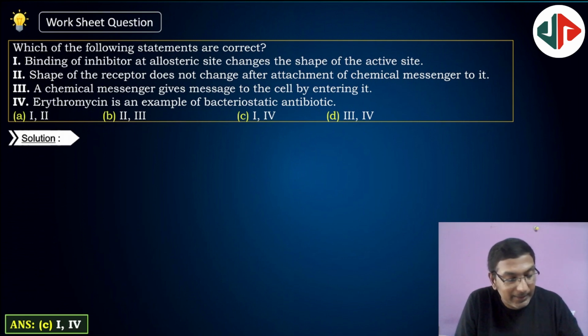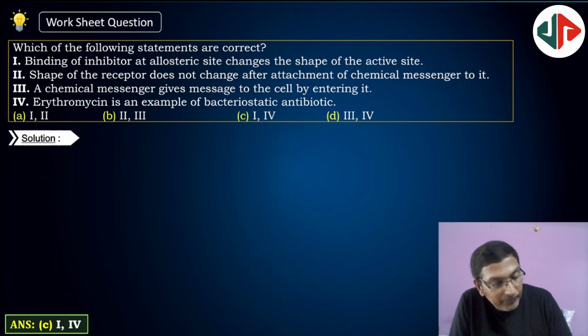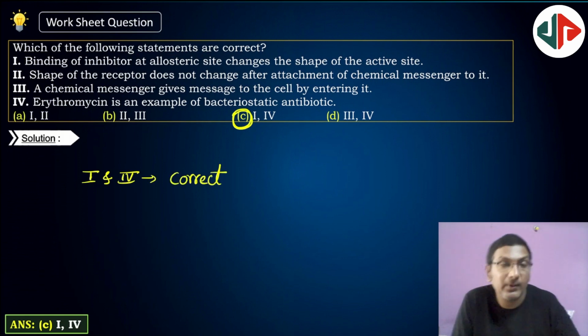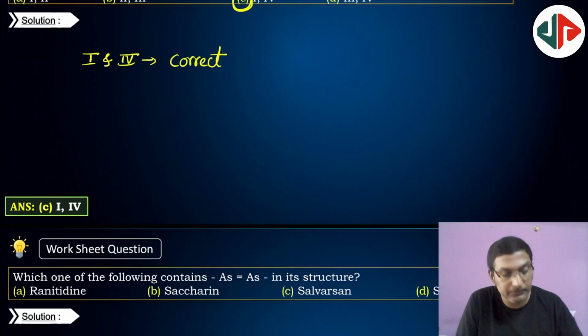That is also incorrect. Erythromycin is an example of bacteriostatic antibiotic. That means here 1 and 4 are correct. Option C. Direct question. Next.